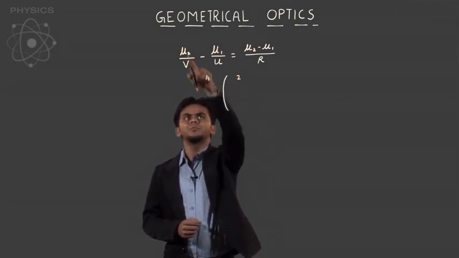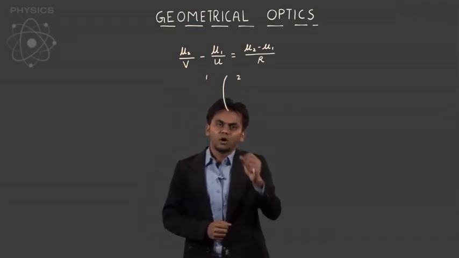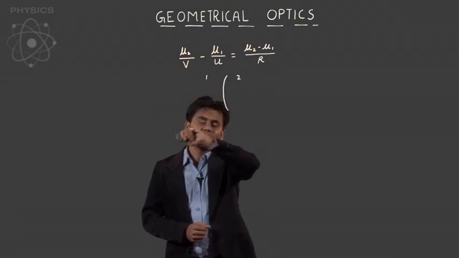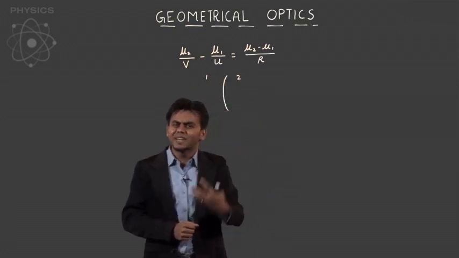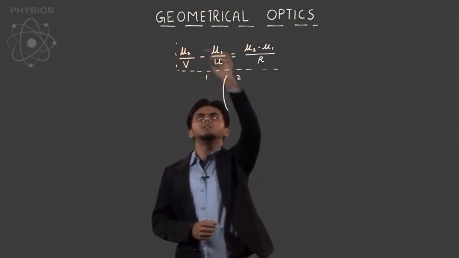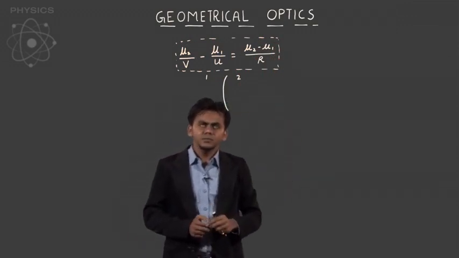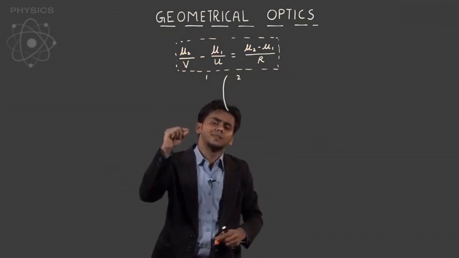This has mu2 and this has mu1, and my light is coming from this side. Object would definitely be on this side, so u is on the left side and v is on the right side. If we take into consideration the correct sign convention, this formula would give me the image location in all the cases. Rather, this is valid for every kind of spherical surface.